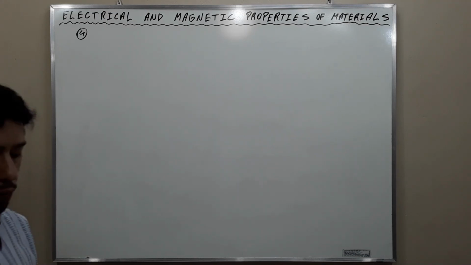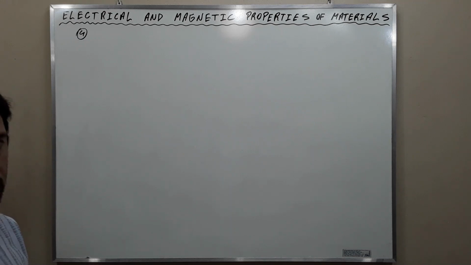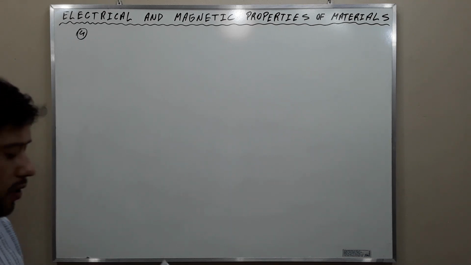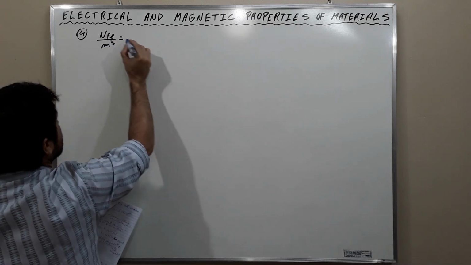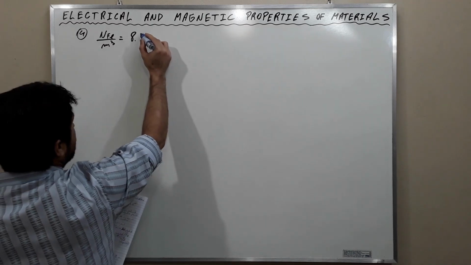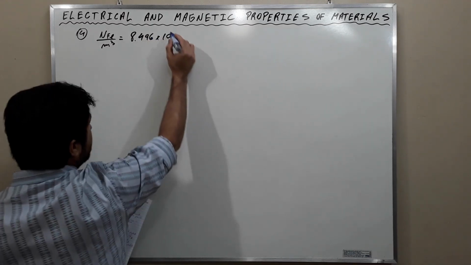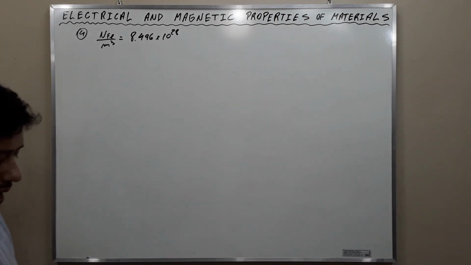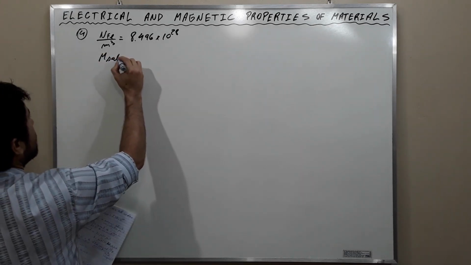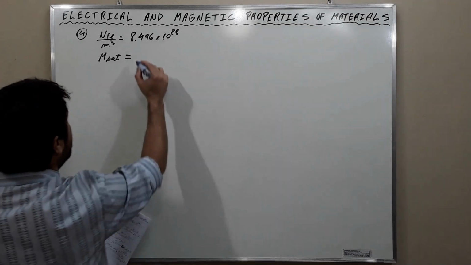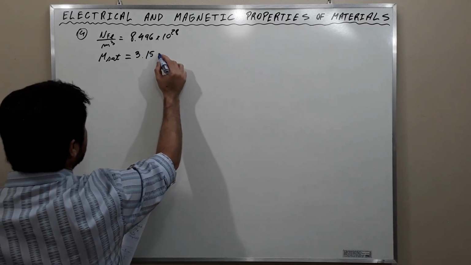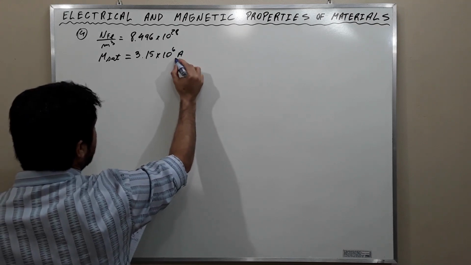If we refer to a table, we observe that the number of iron atoms per cubic meter is 8.496 times 10 to the 28th, and the maximum volume magnetization for iron, the magnetization saturation for iron, is 3.15 times 10 to the 6th ampere per meter.